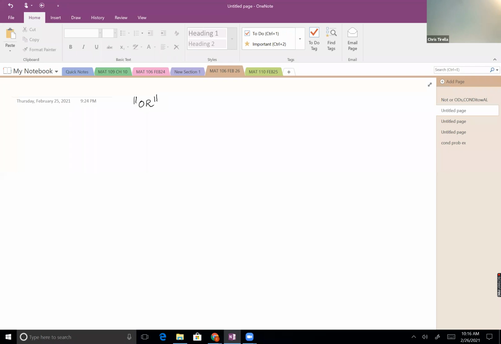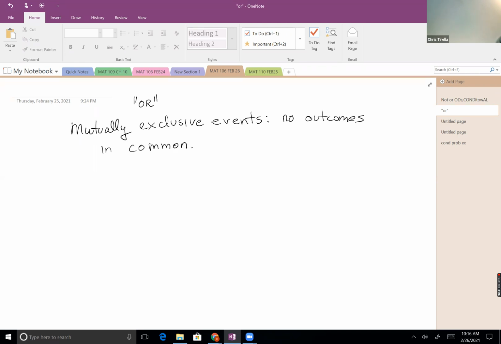In order to come up with that word or, we have to define first mutually exclusive events. Mutually exclusive events are events that have no outcomes in common. For example, if I have a deck of cards, I want to pick one.